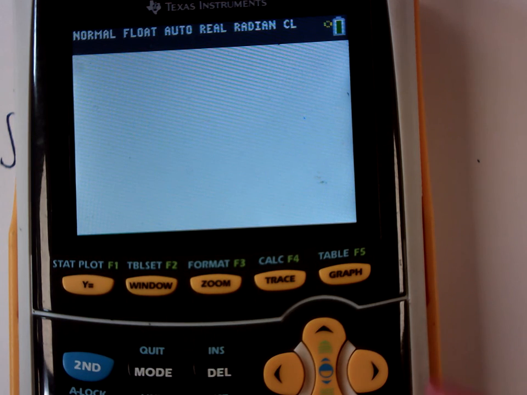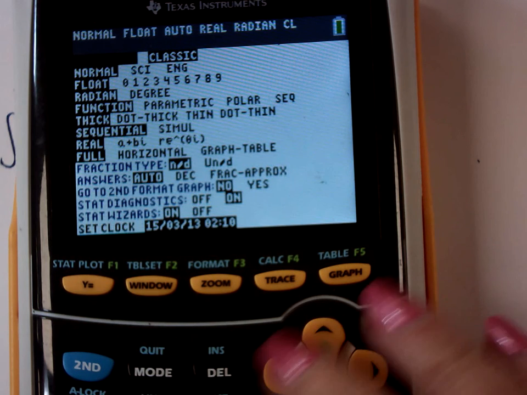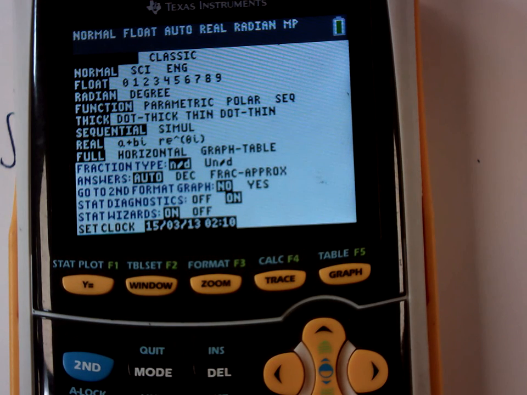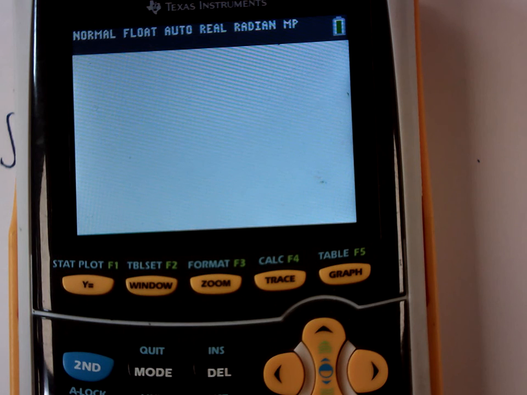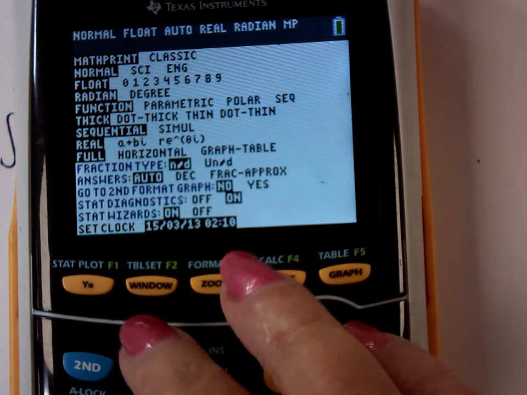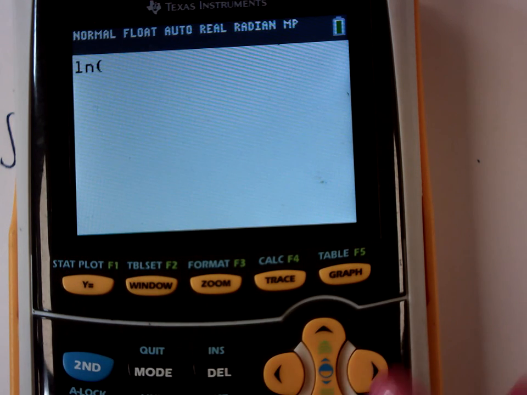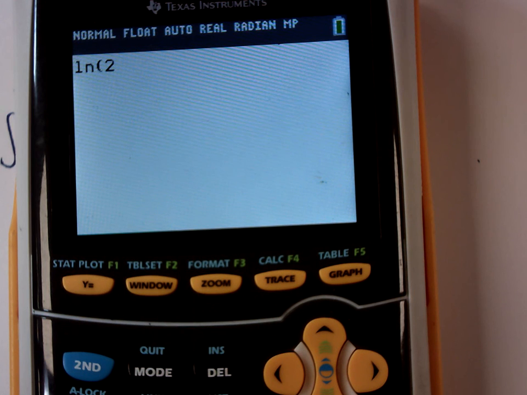For those of you who have math print on your calculator, I am set up with math print. It's still the same way. If I don't put a parenthesis on the other side, anything that follows that 2 is thought to be inside what you're taking the natural log of.